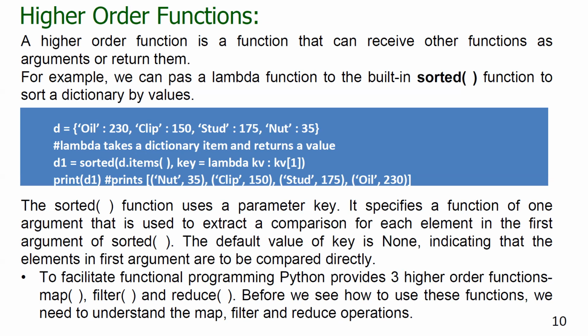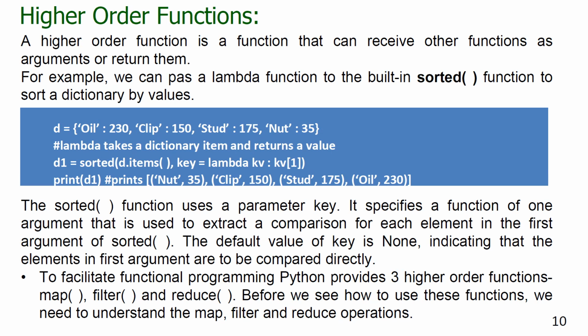Here we have used d dot items as the first argument, and the lambda is the key function. The default value of key is None, indicating that the elements in the first argument are to be compared directly. That means we are not comparing the key, we are comparing only the value.